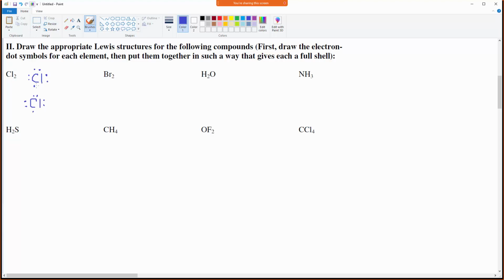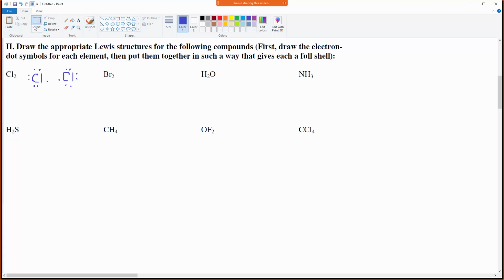So I note that each chlorine has 1 unpaired electron that can make a bond. So I'm actually going to, hang on, I'm going to move this guy over. I'm going to move those electrons down here. There we go.